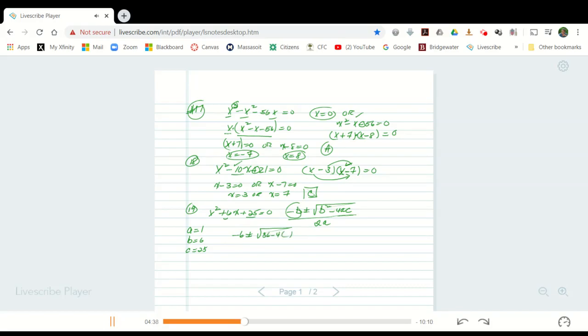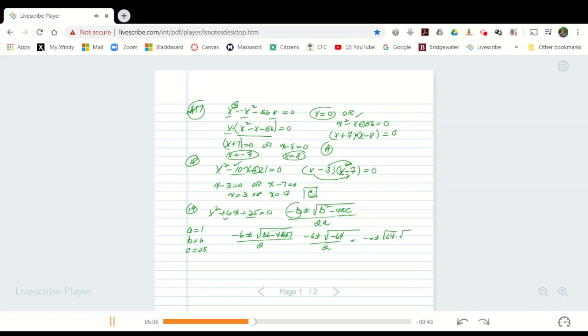All of this over twice a, and a is 1, twice a is 2. So we get negative 6 plus or minus the square root of 36 minus 100, which is negative 64, all of this divided by 2. So I'm going to rewrite this as negative 6 plus or minus, now 64 is a perfect square, but I'm going to write this as the square root of 64 times the square root of negative 1, over 2.